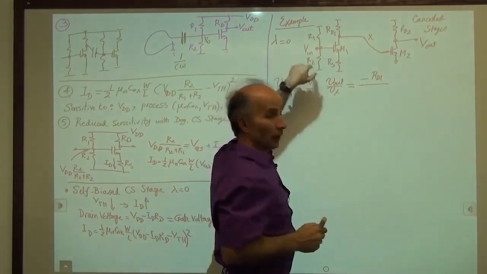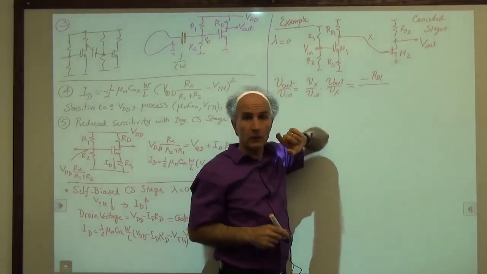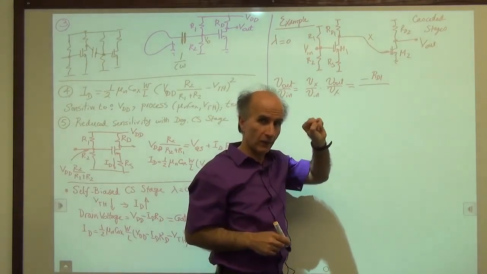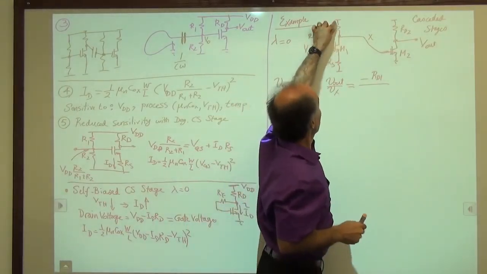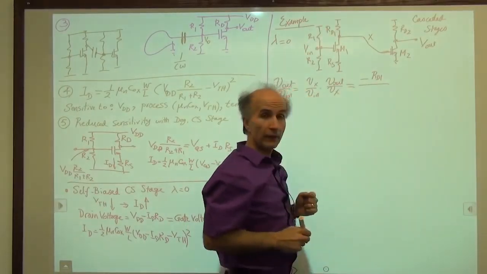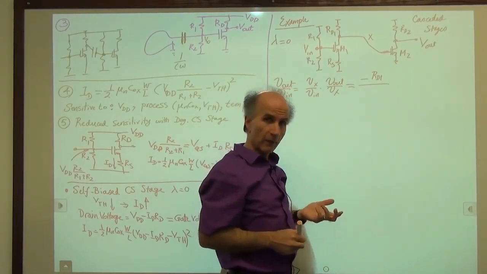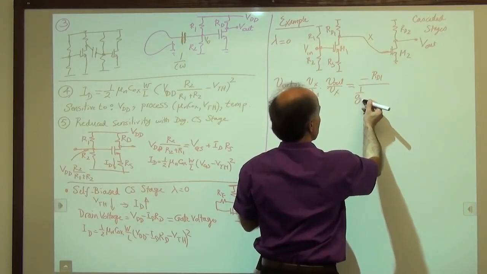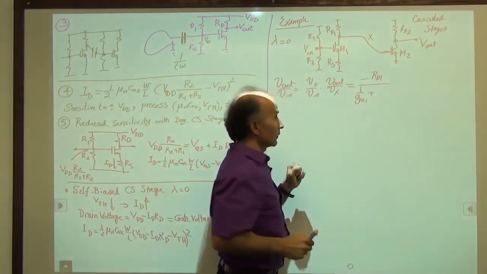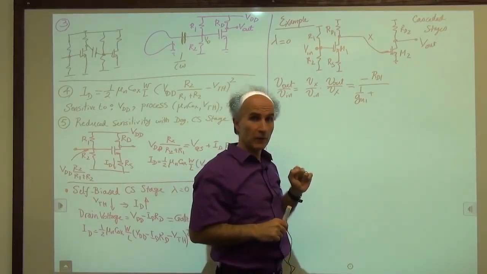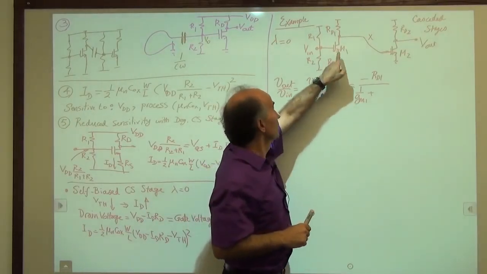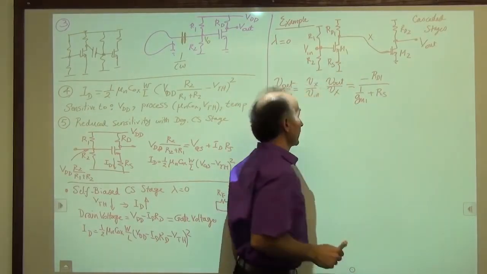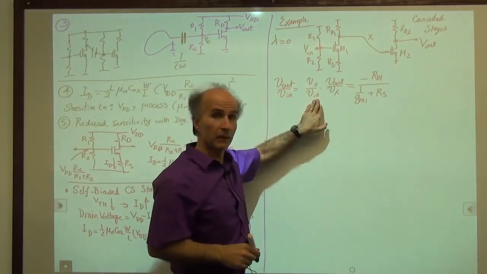We said is equal to minus the total resistance tied between the drain and AC ground, that's RD1, divided by 1 over Gm of the transistor, so 1 over Gm1, plus the total resistance tied between the source and AC ground, so between here and here. Okay, that takes care of Vx over Vin.